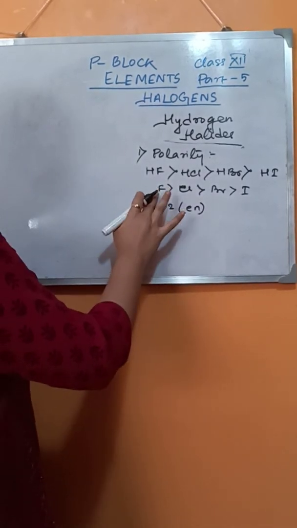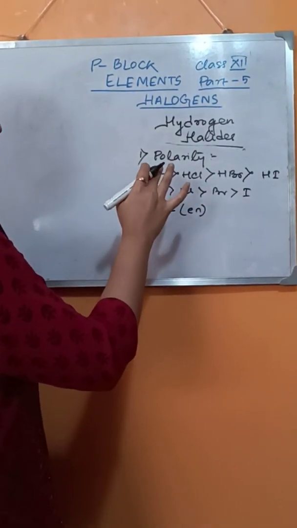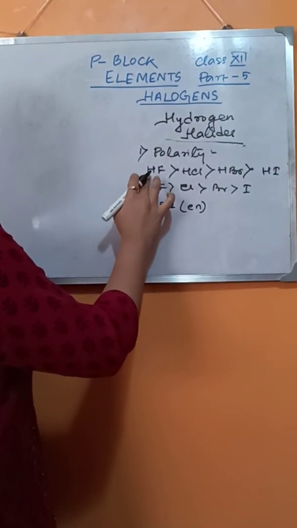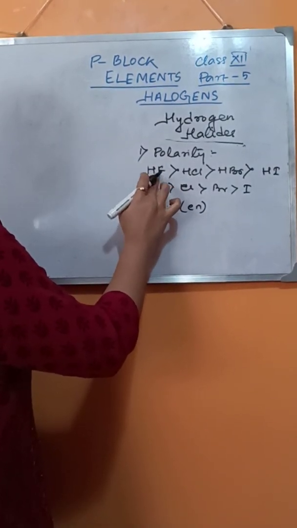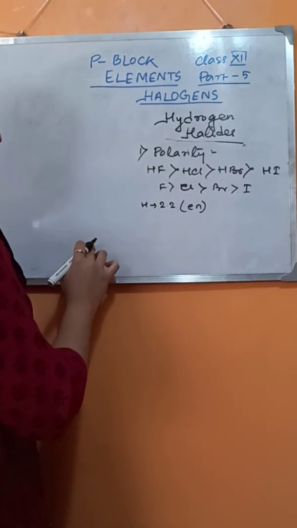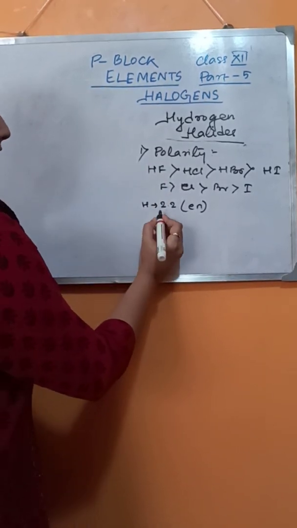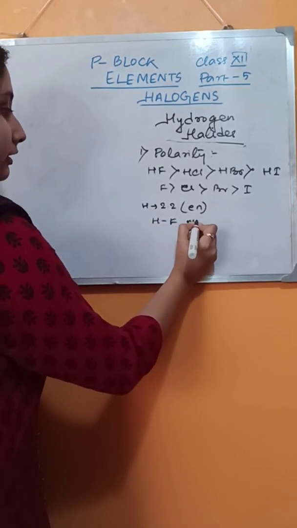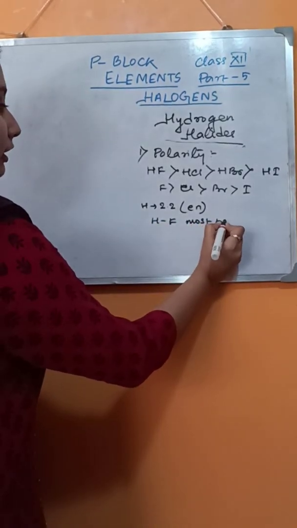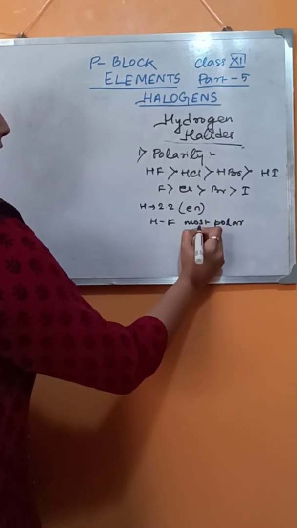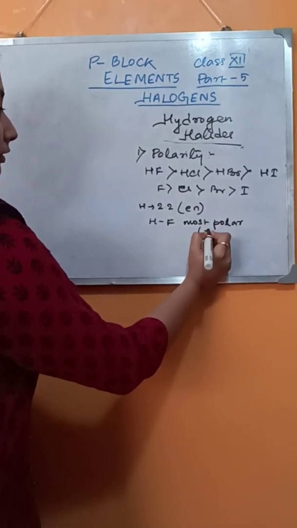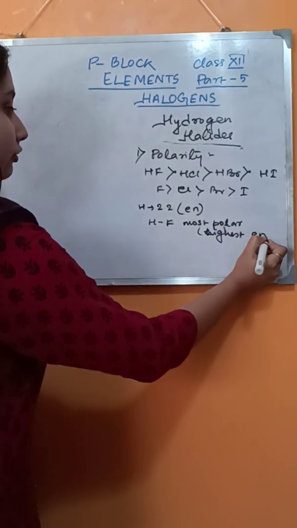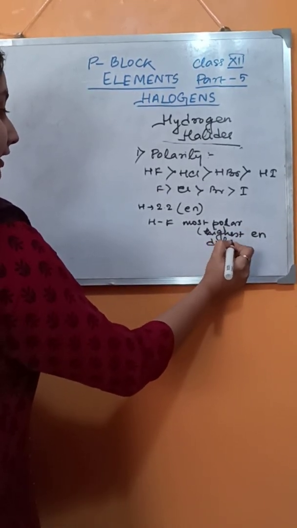So, since the electronegativity of fluorine is most among the halogens, the electronegativity difference between hydrogen and fluorine will be the most. As a result, the HF bond is most polar due to the highest electronegativity difference.